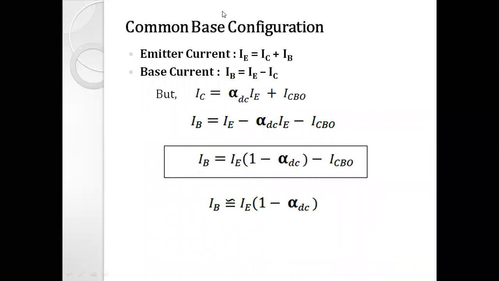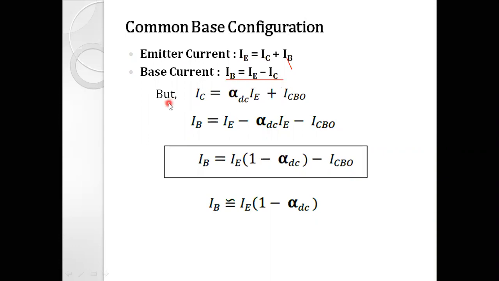For the common base configuration, IE is IC plus IB, and from the first equation, rearranging by making IB the subject, we get IB is equal to IE minus IC, right?